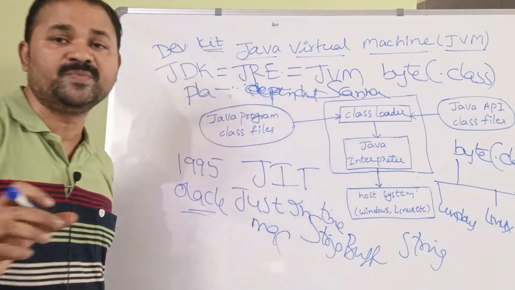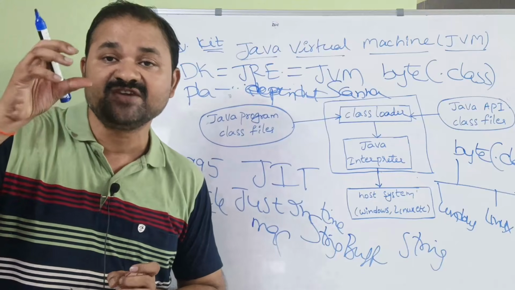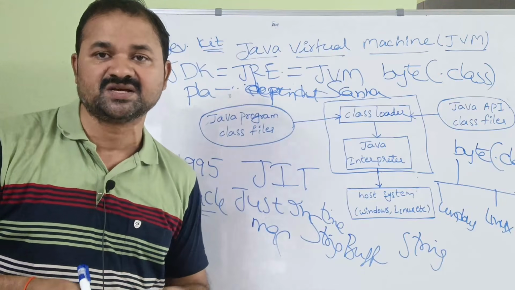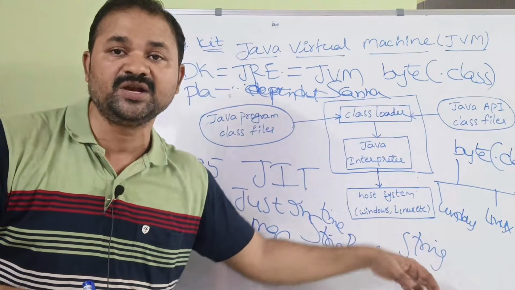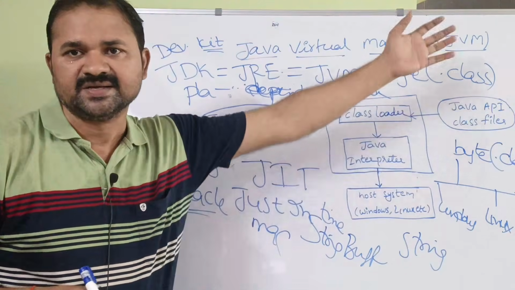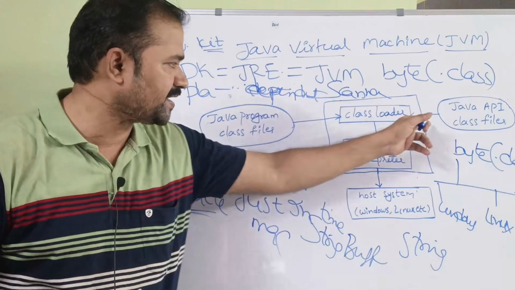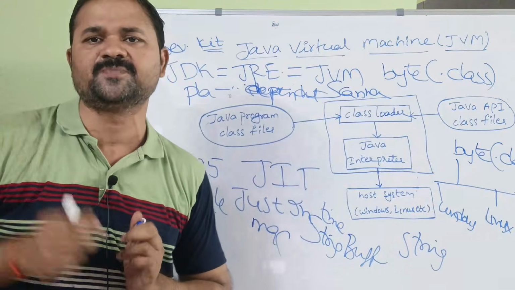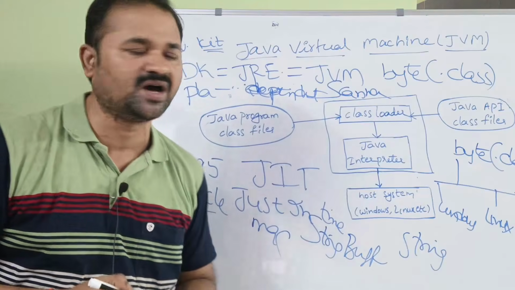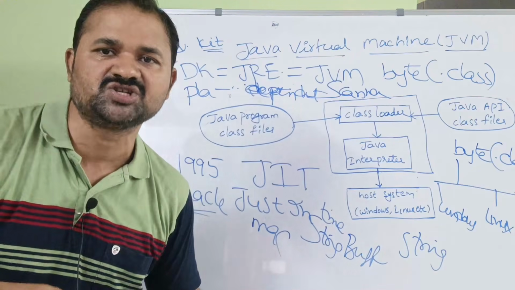If you want to make use of StringBuffer class or String class, then we must import the lang package. Why? Because these two are available in the lang package. So this is about Java API. API means a collection of classes. For developing the program, we have to make use of the Java API classes. So this is about JVM or Java Virtual Machine.